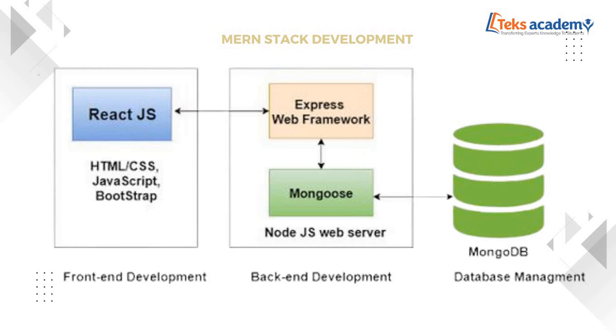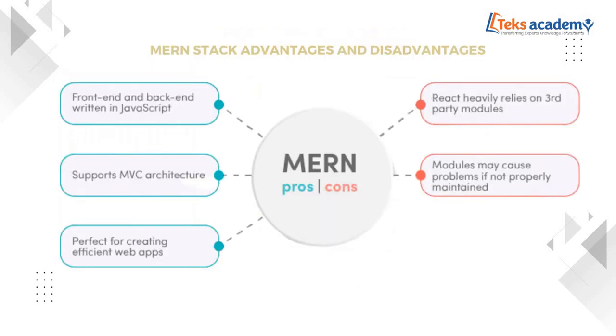And the backend is the Node.js web server. Integrating both front end and back end, we build the application. The database management system is used to store the data within the DB, so we can retrieve the data based on the requirements of the application.